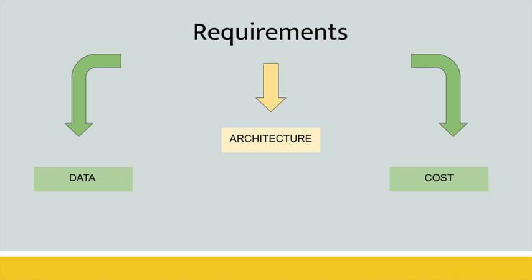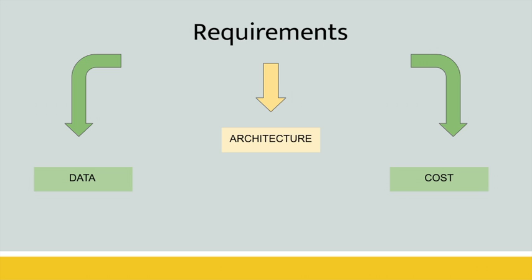Now we come to the requirements. There are three parts of the requirements. The first one is the data. We need to store very large data, and the requirements say we need to store 20 to 30 terabytes of data with a growth rate of 25% per year. Another one is the architecture.